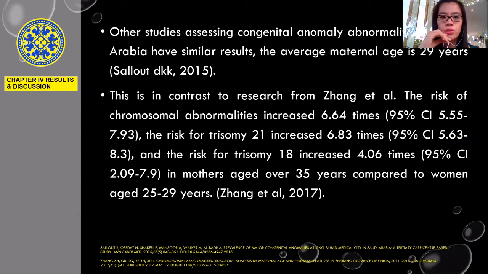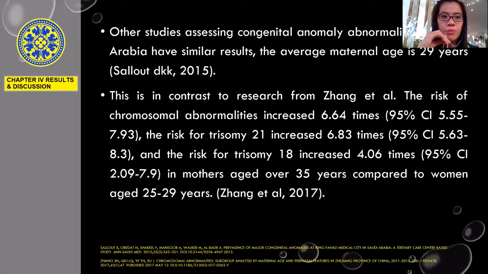The risk of chromosomal abnormalities increases 6.64 times. The risk of trisomy 21 increased 6.83 times, and the risk of trisomy 18 also increased in mothers aged over 35 years compared to women aged 25 to 29 years. This has happened probably because in Indonesia the reproductive age is in the range of 26 until 30 years.